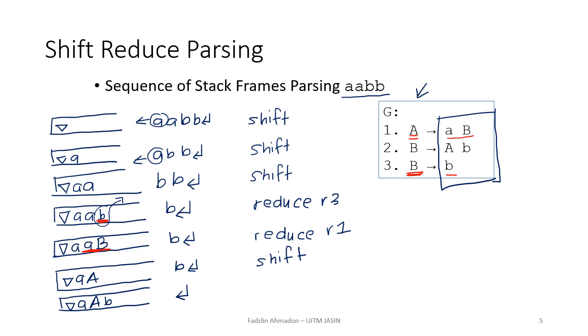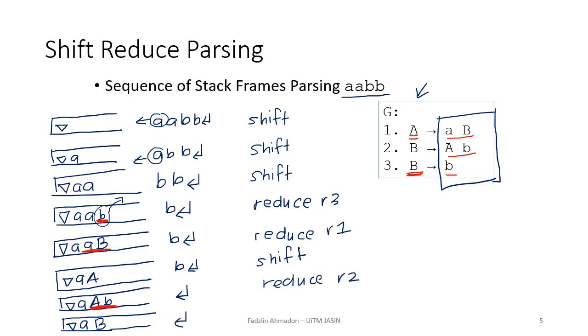And then we notice that if we compare the symbols on top of our stack with the right hand side of rule 2, there are two symbols here, which is our handle. Therefore, we can reduce using rule 2, and our stack now has bottom marker A and B, since B is the symbol on the left side of rule 2.